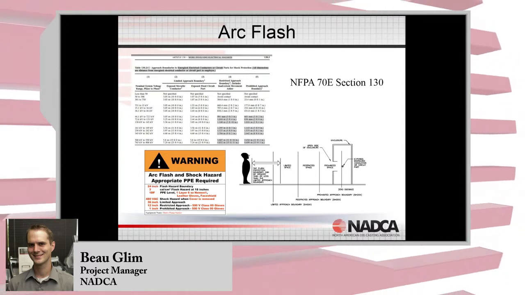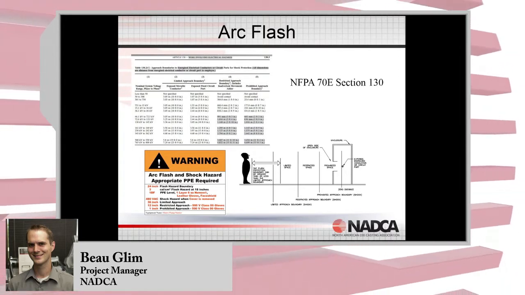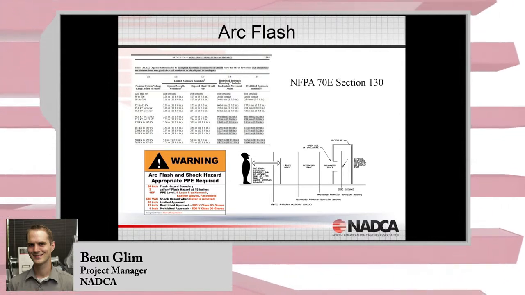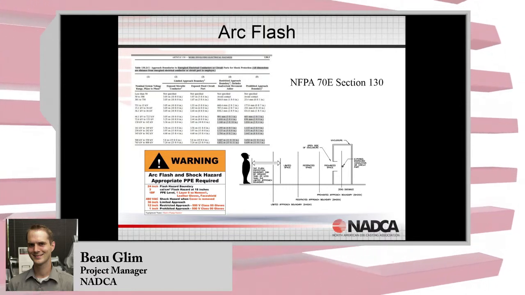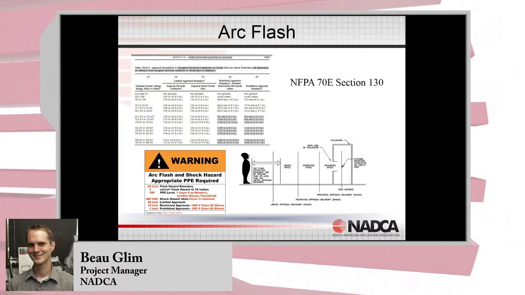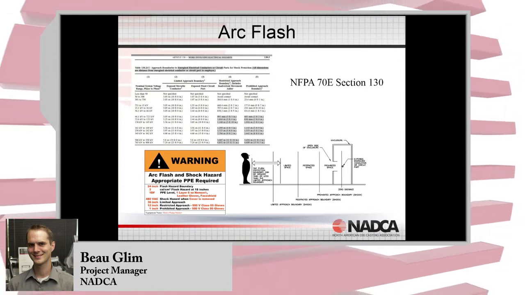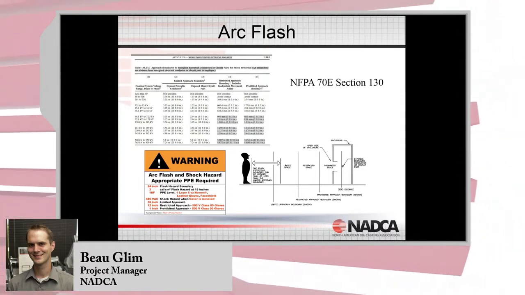This little diagram on the bottom right shows the approach boundaries for arc flash, and what it's saying is that the limited approach boundary is where a normal employee can go beyond, but they need an authorized employee with them, like an electrician or somebody.